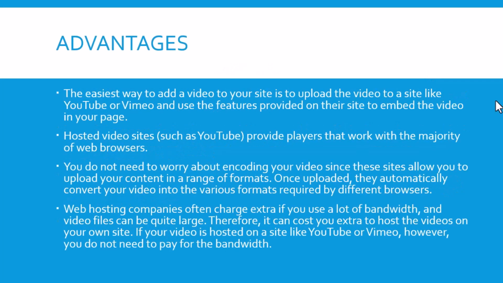There are two main ways of adding video. One is to use a hosted video service, and the other is to host it locally, to have the videos locally on your devices. Now let's talk about the hosted video service.